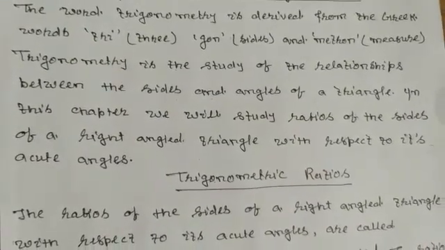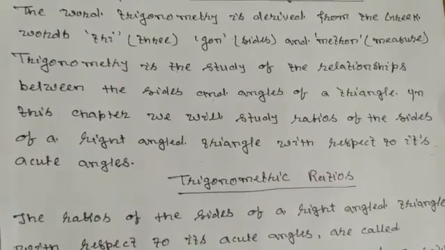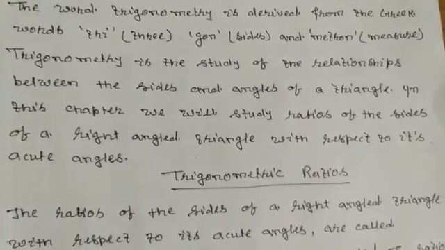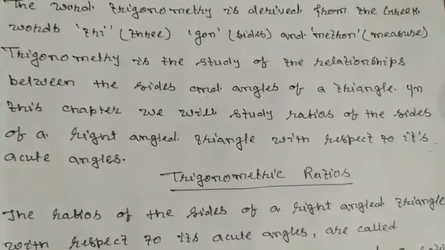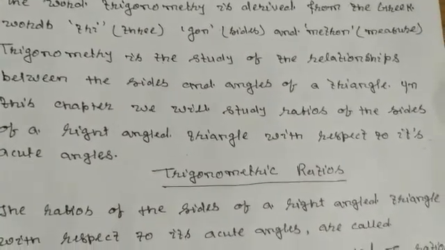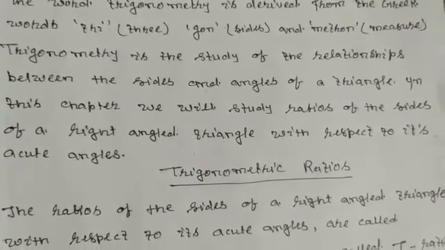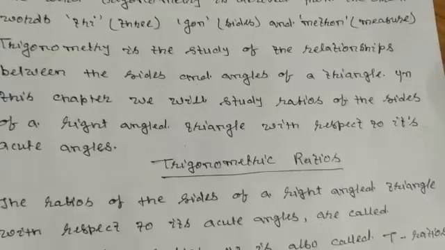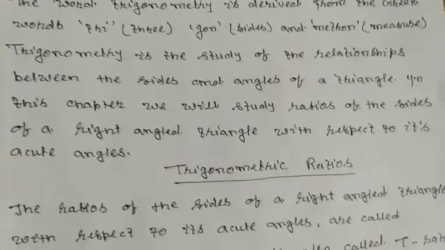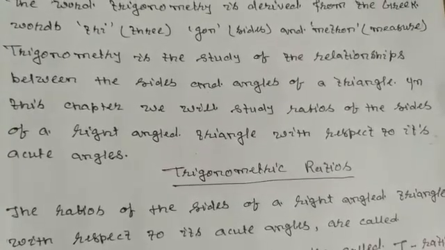So in this chapter we will study ratios of the sides of a right angled triangle with respect to its acute angles.